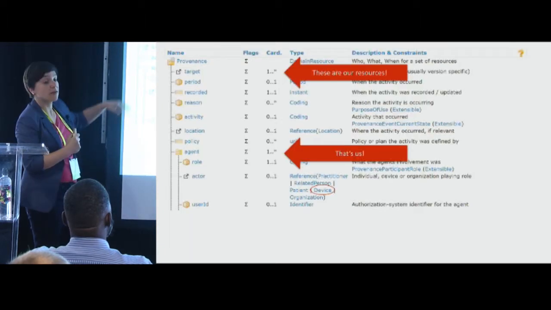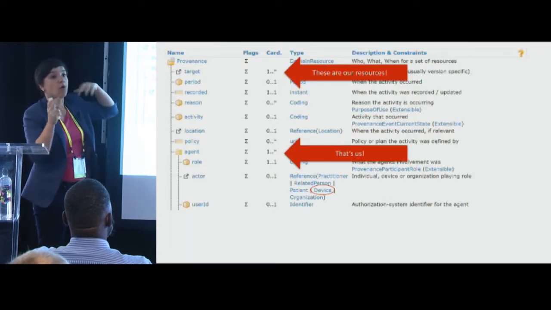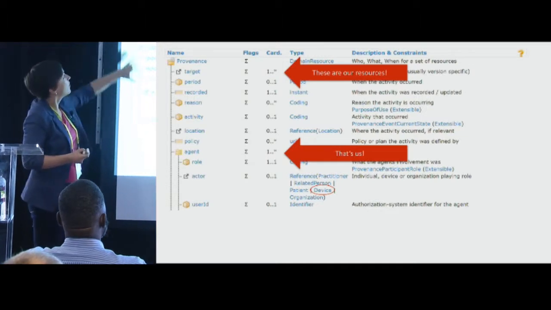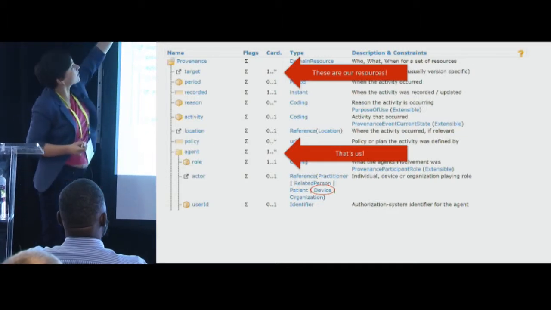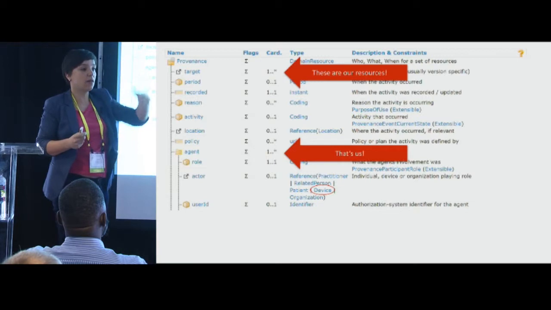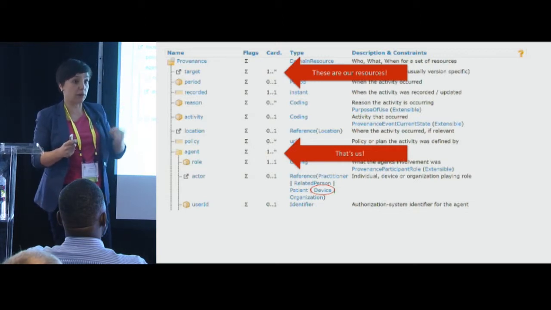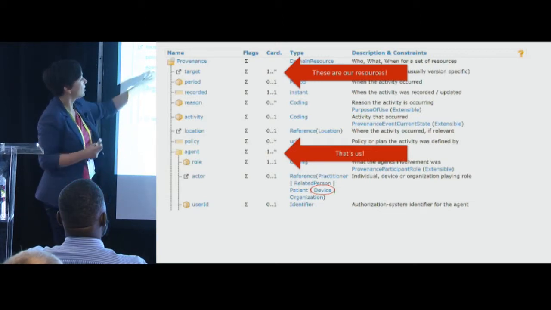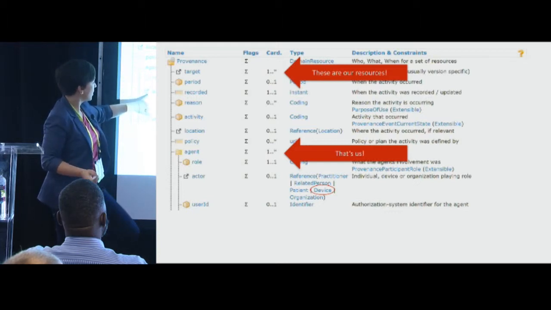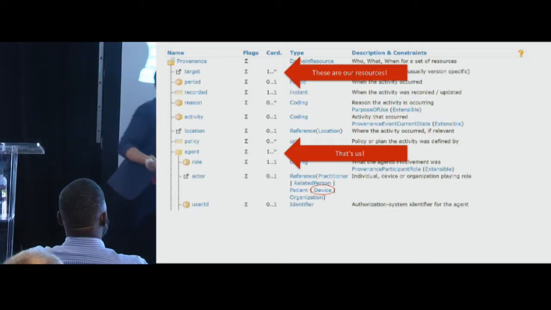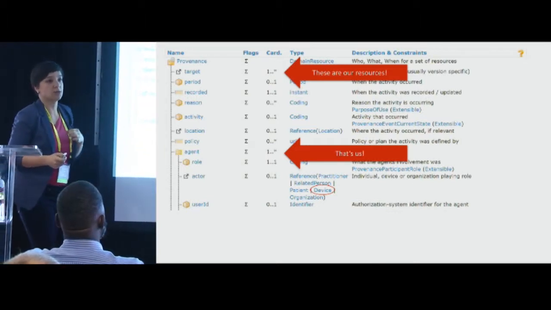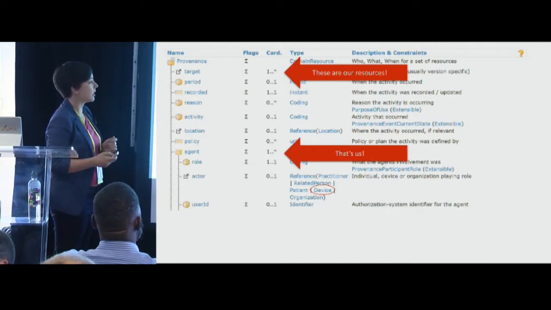And this would be the complex way, the more powerful method, to use a provenance resource that has a target referencing all the resources we created from one version 2 message, and that has an agent, which is a device, which points to our integration engine or somehow identifies our integration engine.